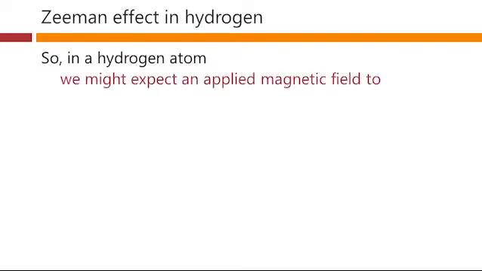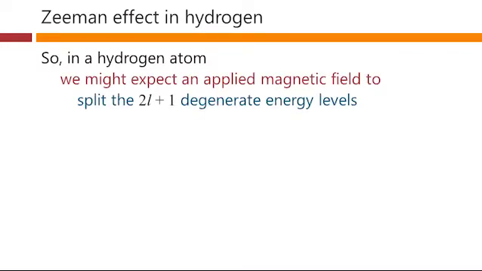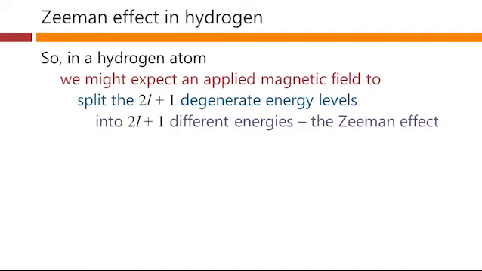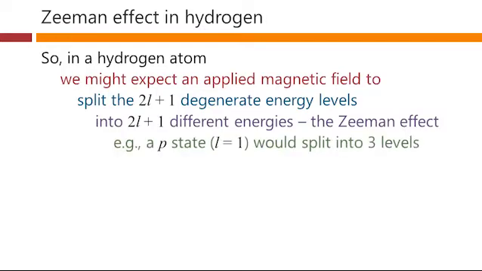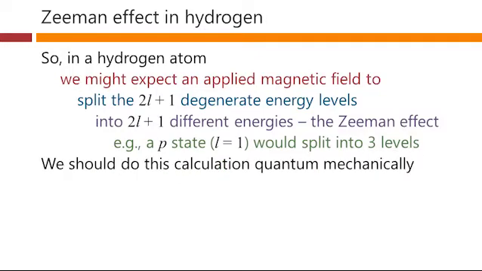So, in a hydrogen atom, we might expect an applied magnetic field to split the 2L plus 1 degenerate energy levels into 2L plus 1 different energies, the Zeeman effect. And this is, roughly speaking, what does happen in a hydrogen atom if we solve this problem properly in a quantum mechanical sense. So a p state, L equals 1, would split into 3 levels.